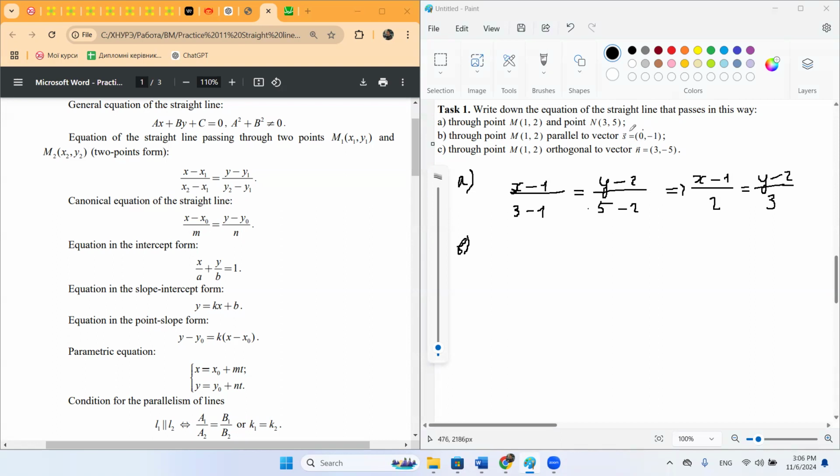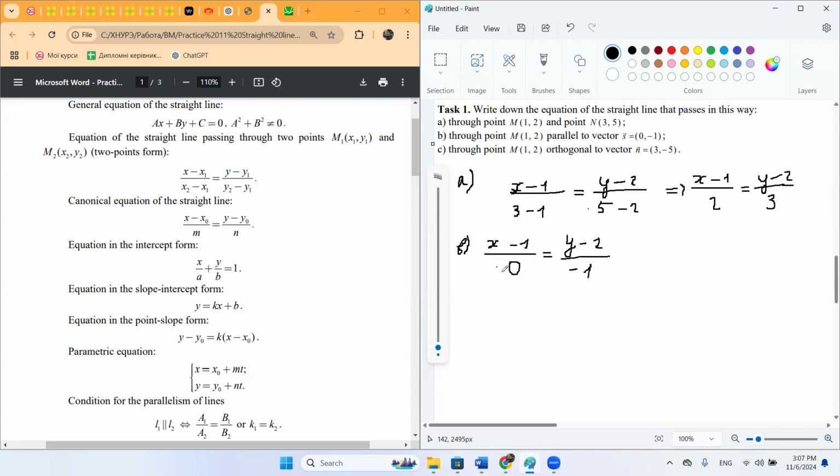S will be the direction vector for this line. So M has coordinates, and we know the point. So x minus 1 divided by 0 equals y minus 2 divided by minus 1.